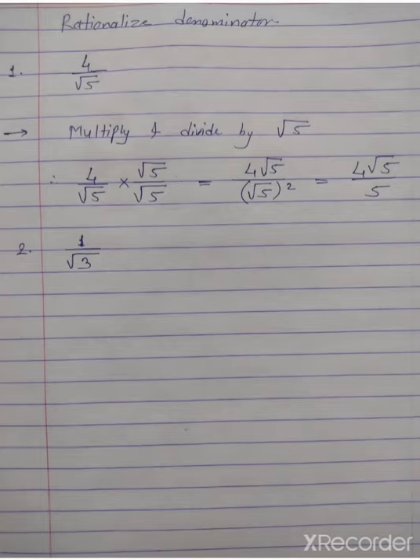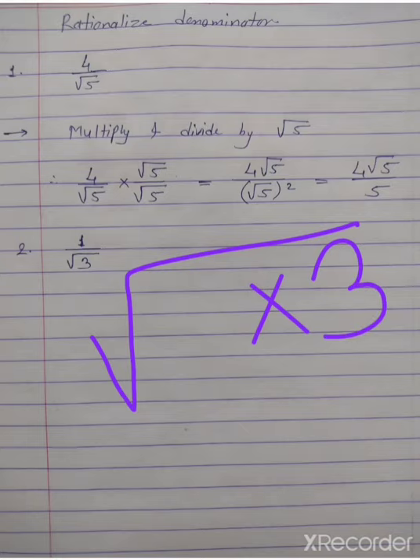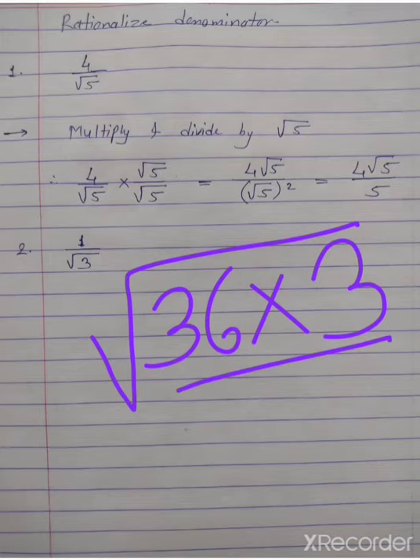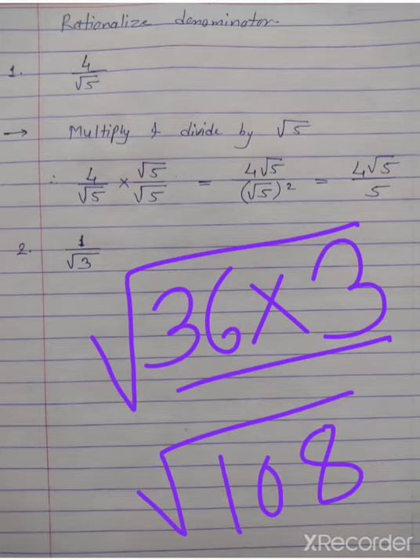Here I am creating it by using any square number into 3. Suppose you take 36, the square of 6. When you multiply, you will get root 108. So you can select this factor also to rationalize the denominator.